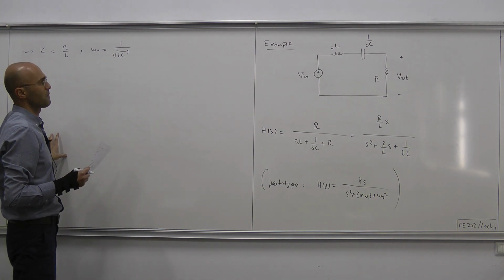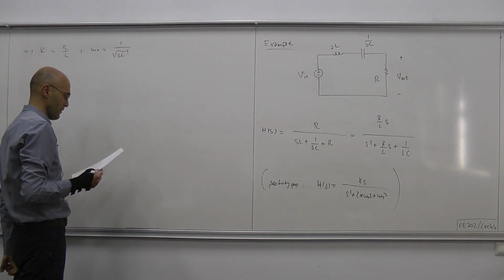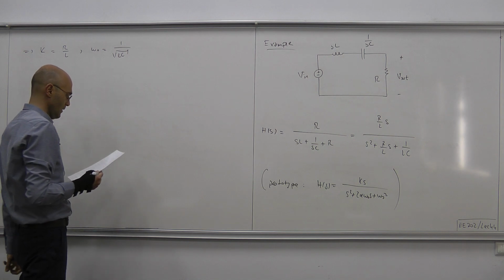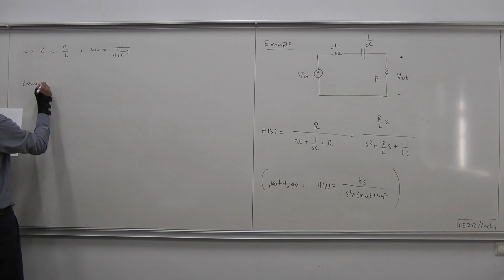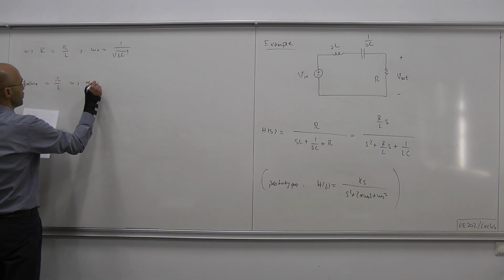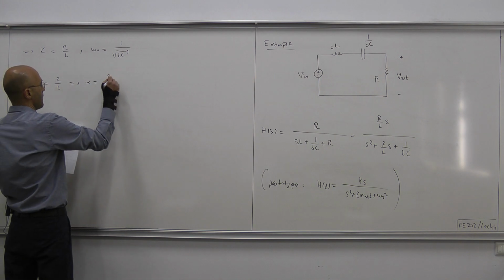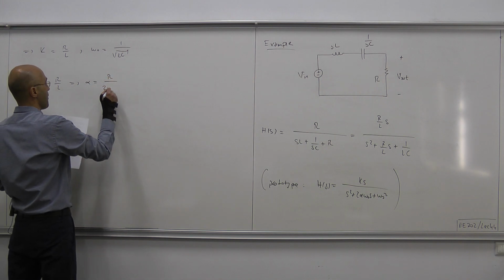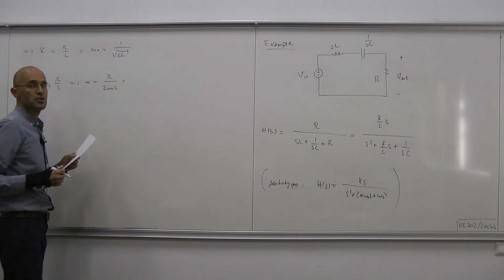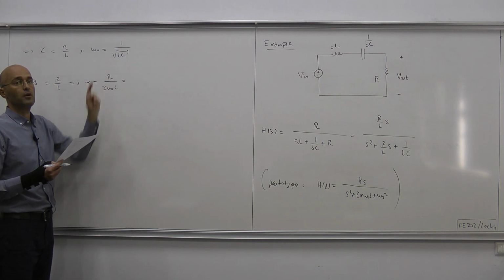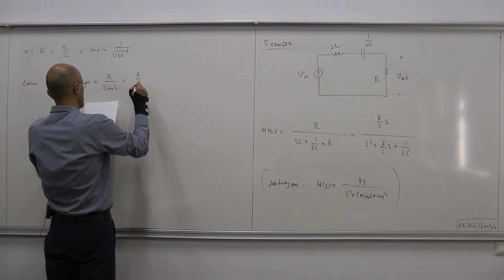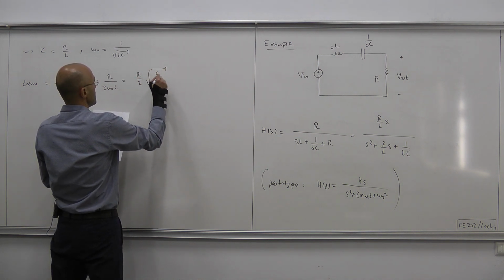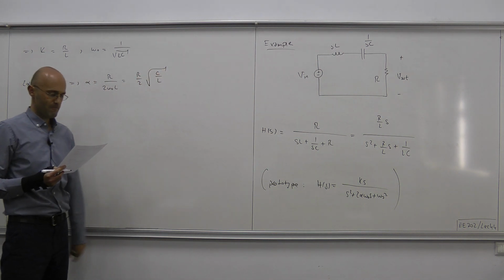It only depends on the inductance and the capacitance. And then 2 alpha omega 0 also equals R over L, from which we can pull alpha equal to R over 2 omega 0 L, which, with omega 0 being 1 over square root of LC, equals R over 2 times square root of C over L.